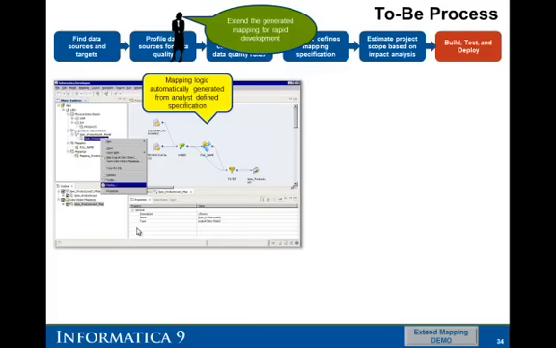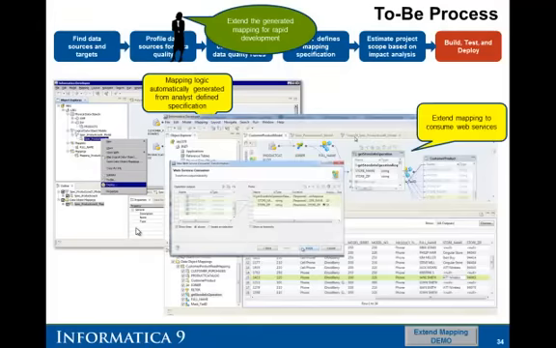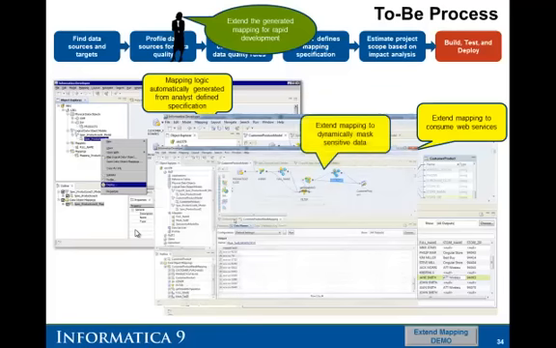This mapping logic can be extended to include other ETL transformations or data quality rules or consume web services, and can also include data masking transformations, as we saw the analyst use when they created the specification.